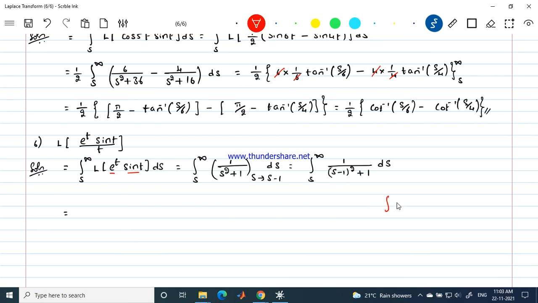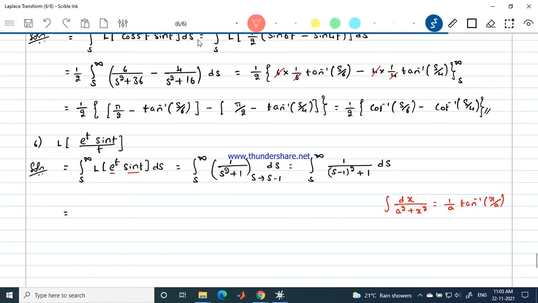What we know is the integration of dx by a square plus x square is equal to 1 by a tan inverse of x by a. But in this problem, if I treat this one as x, this is not x for us.